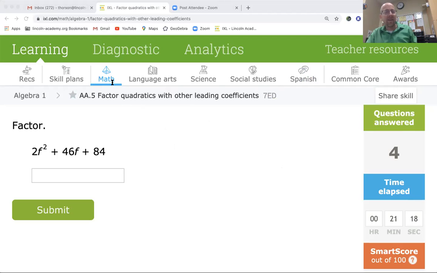I can enlarge the graph, zoom in on the graph, but I can't zoom in on the equation, which is weird. But just remember, this one would be opened up because the leading term is positive, but if this leading term was negative, then it would be upside down. So get the feel for what they are.